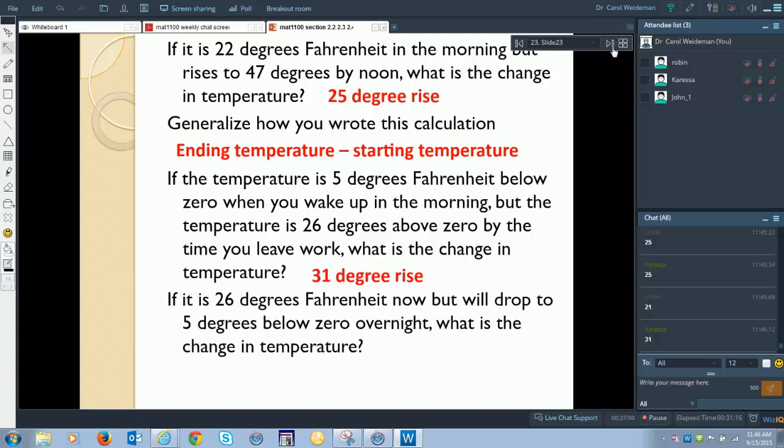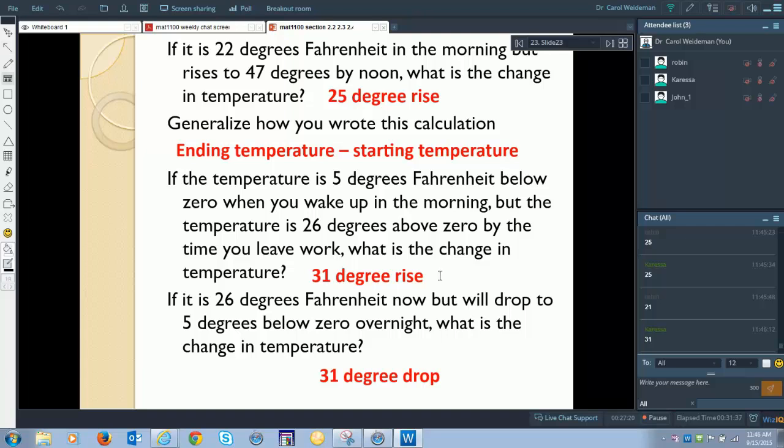And how did we do this one? Oh, here's another one. Sorry. If it is 26 degrees Fahrenheit now, but it drops to 5 below, what's the drop in the temperature? So this was an increase. This is a decrease. So this is the same number, but it's a drop this time. This was a 31 increase.